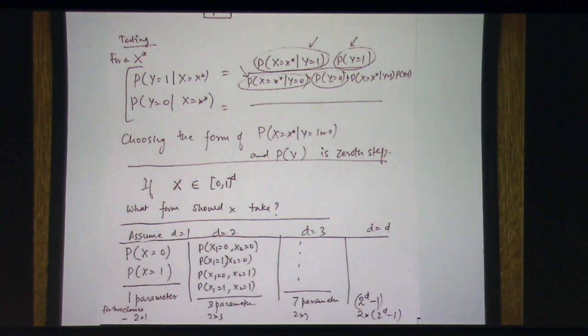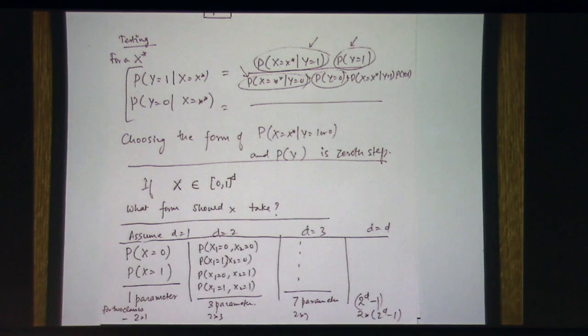But the point I was trying to make was that if you have more parameters, you need more data to estimate those parameters. Otherwise, if you have a small amount of data, a lot of these possibilities might not occur at all.